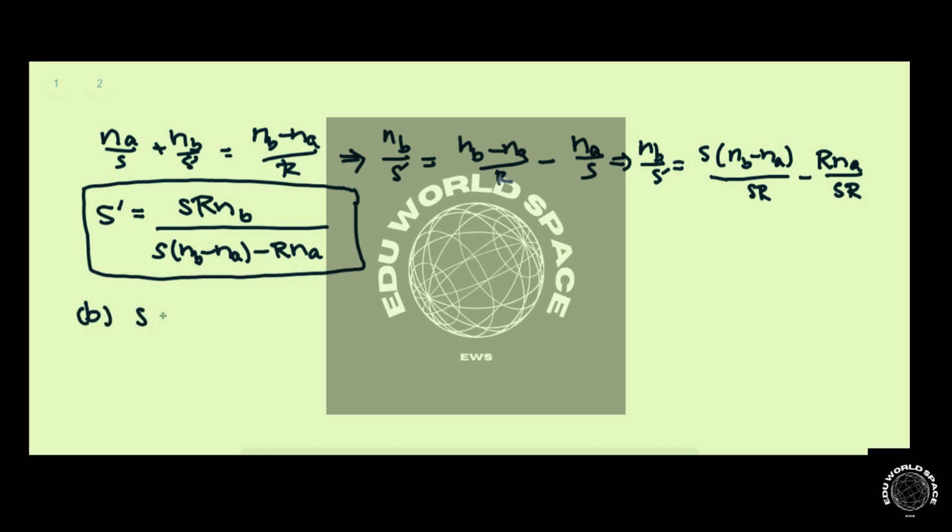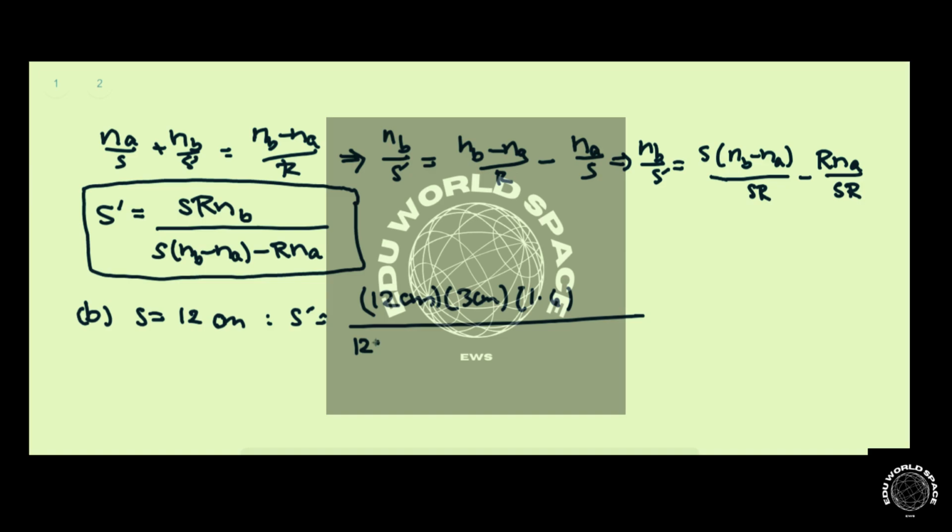For part B, we're given that S is equal to 12 centimeters. So we literally just plug in the numbers here. So 12 centimeters for S. Recall that R is 3 centimeters and NB is 1.6.